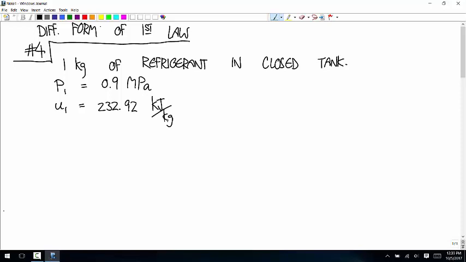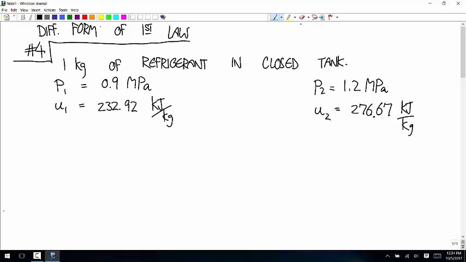And its later state has a pressure of 1.2 megapascals and a specific internal energy of 276.67 kilojoules per kilogram. Here's the stuff I messed up in copying this down.